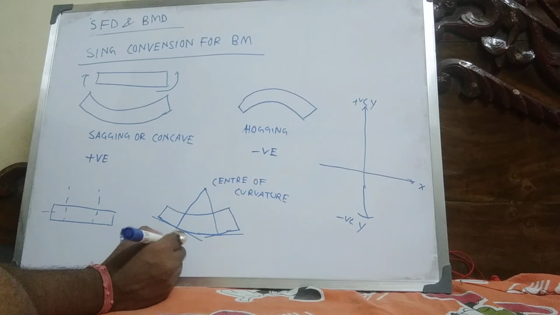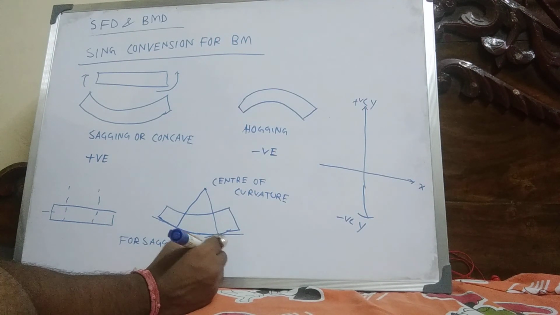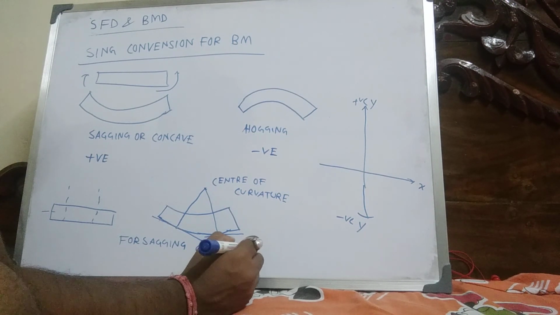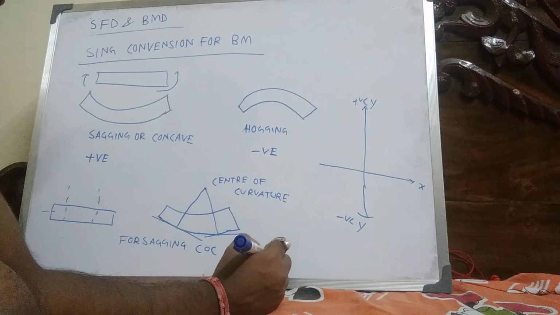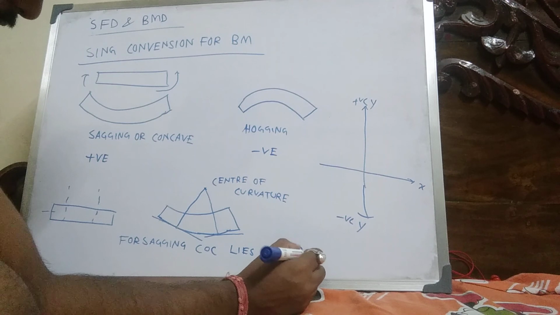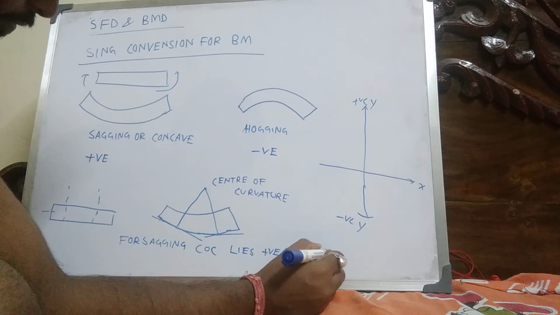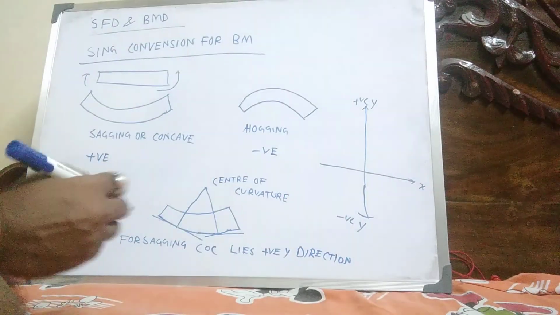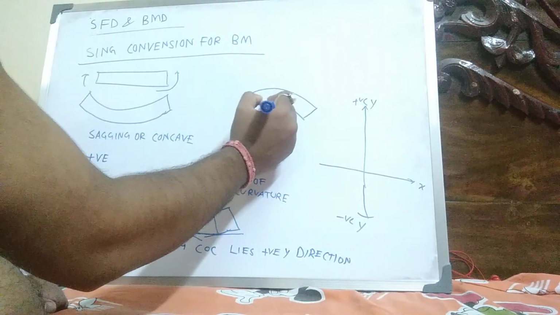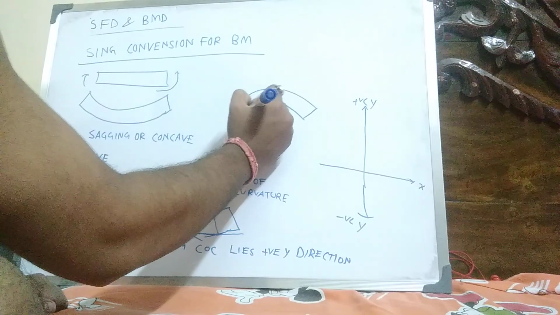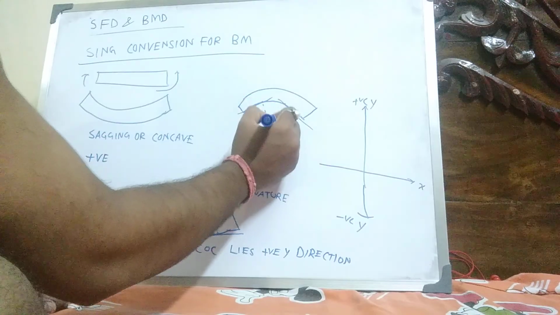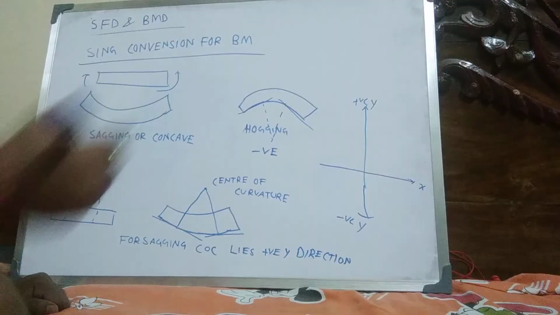For sagging, the center of curvature lies in the positive y direction. And for hogging, suppose this is hogging, take any 2 points, draw tangents and then normals.